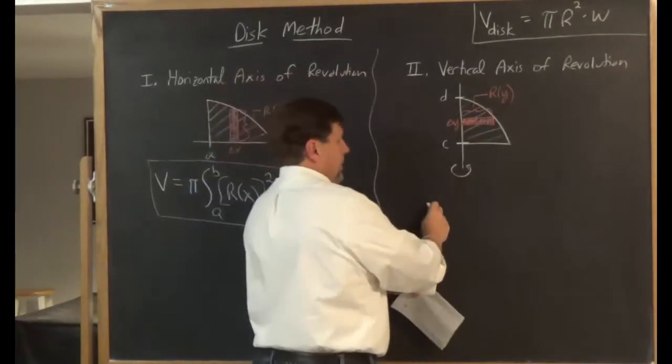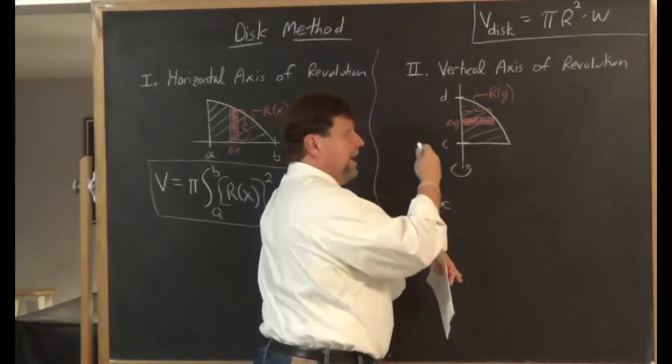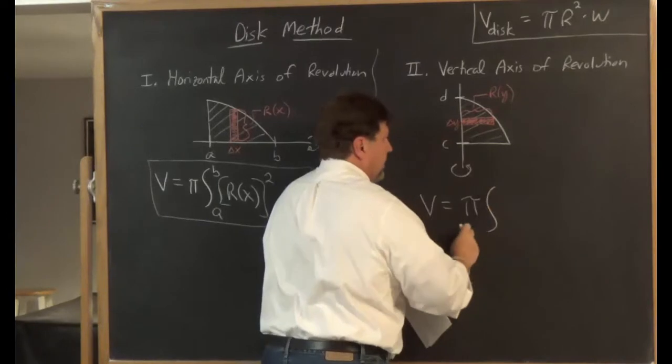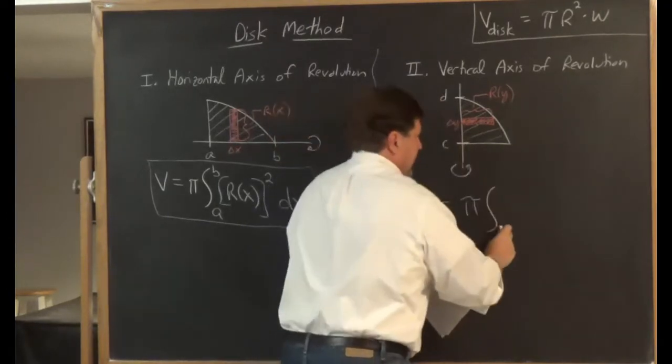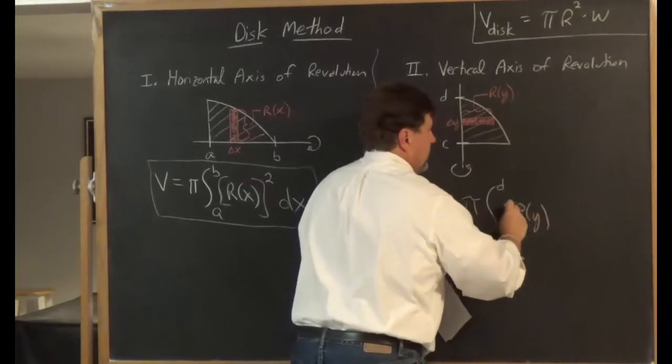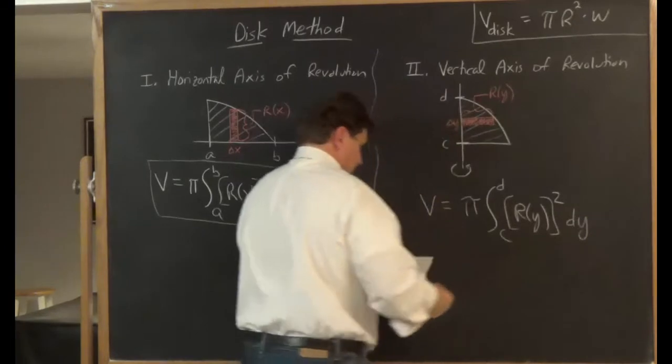So the volume, add them all up, do the limit of a sum. It's pi r squared. So pi, limits of integration are c to d, r of y squared dy.